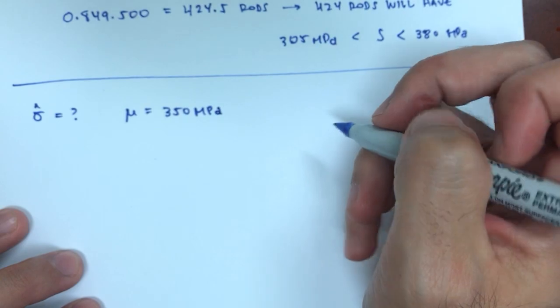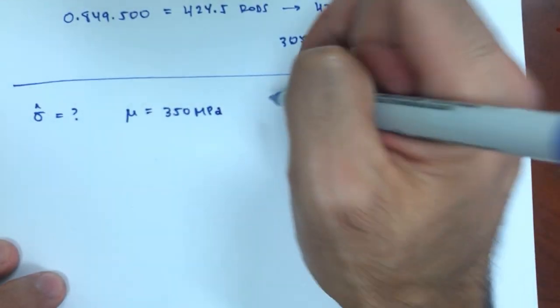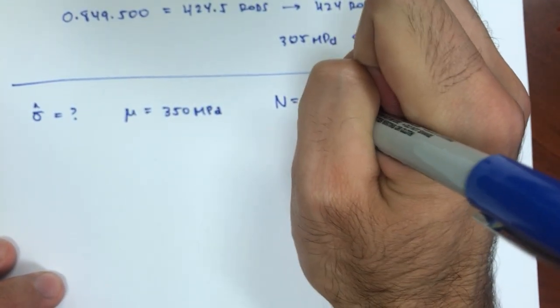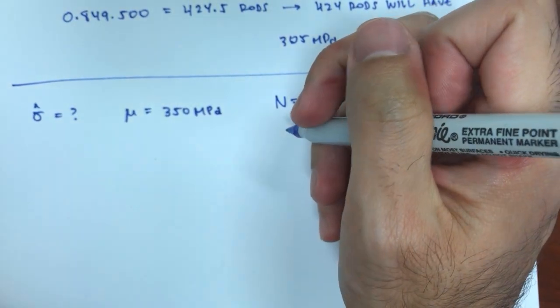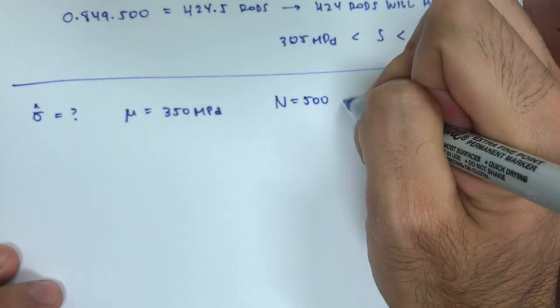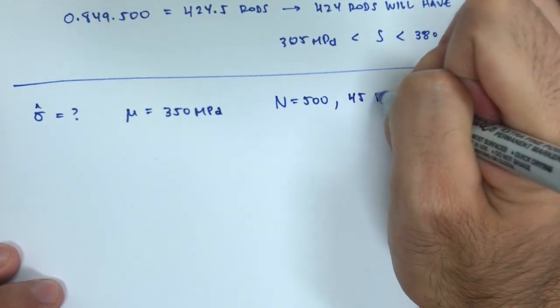If I know that out of the 500, let's assume the same numbers, 500 rods, I already know that 45 of them failed.